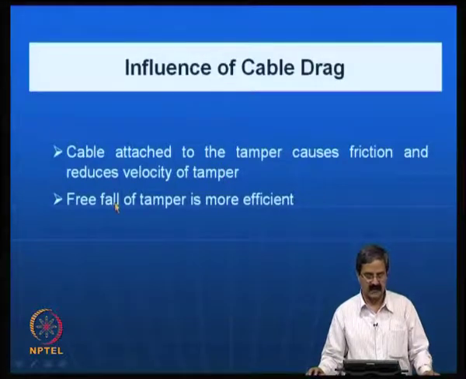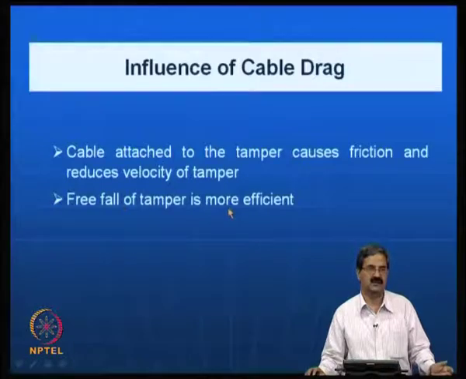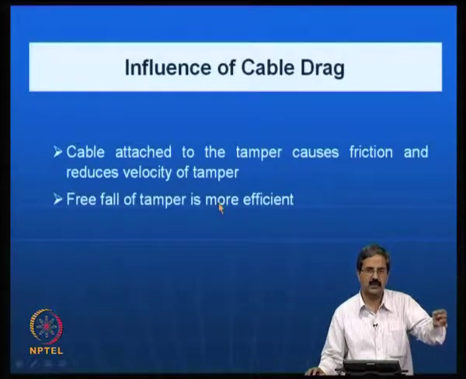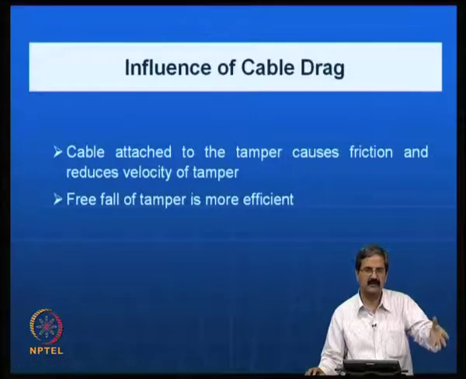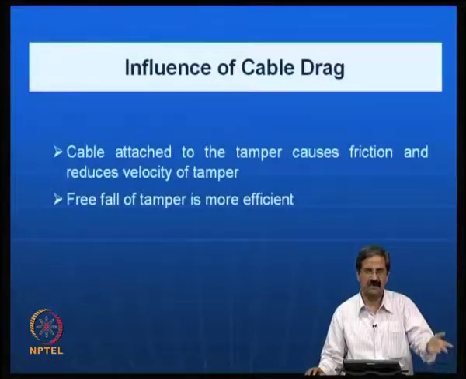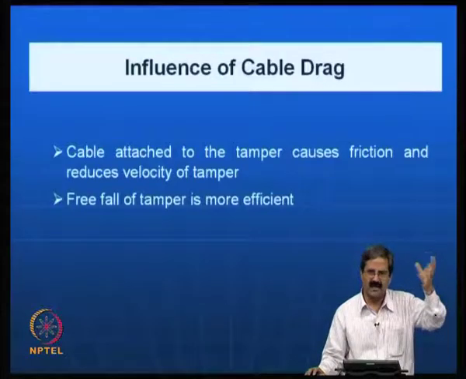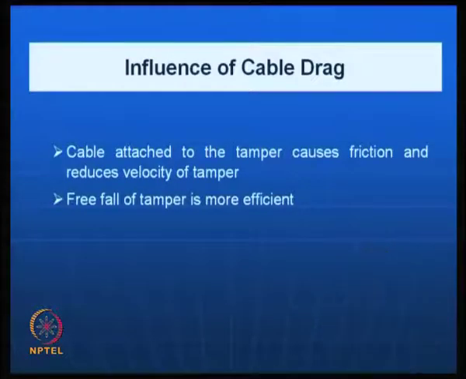Free fall of the tamper is more efficient, because all the energy that you are trying to give should go totally into the system. There should not be any loss, like in the case of the SPT test, where we have losses in the transfer of energy. That is why the energy transfer in the case of SPT is about 50 to 60%, which is not much.